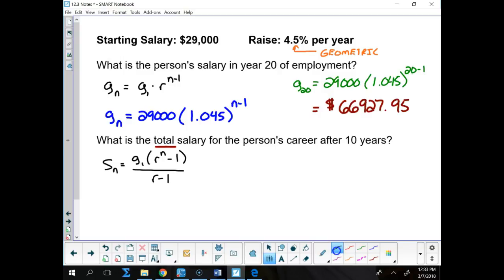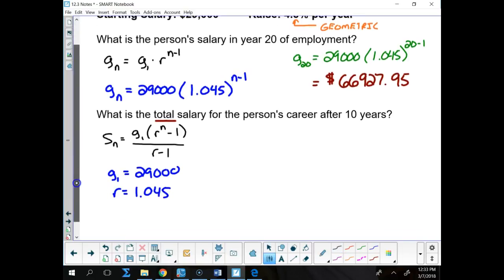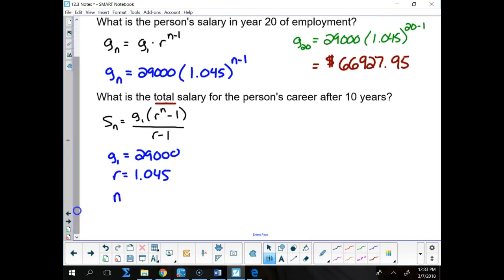What is my first term? 29,000. What is my r value? What is my n? 10. Okay.